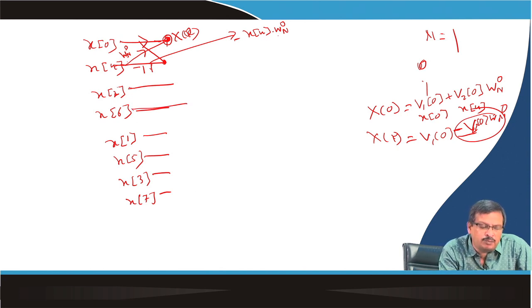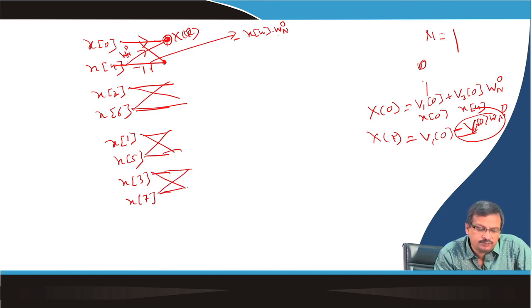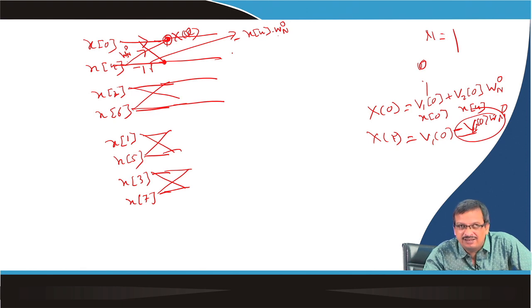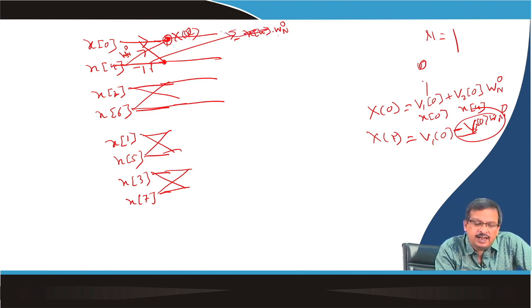Similarly, the same thing will happen here also, and here also. Now, if I say this length, here I get the length of the DFT is 2. So, here I get x0, x1, x2.